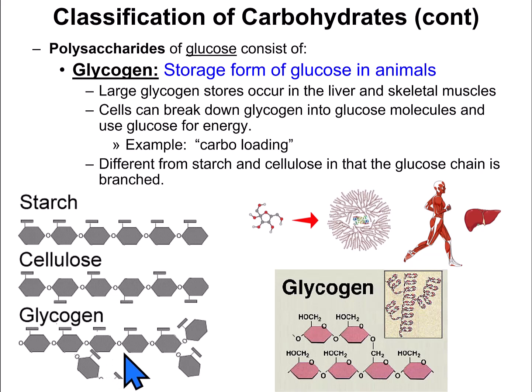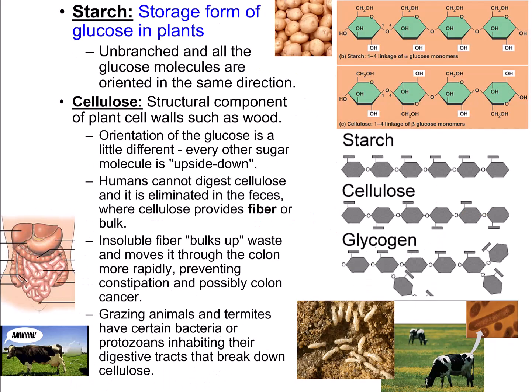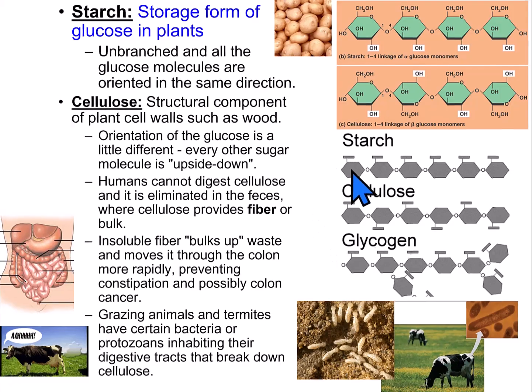Glycogen differs from starch and cellulose in that the chains that you see here in glycogen have branches. So the glucose branches in these various parts of the glycogen molecule. Starch, star this, is a storage form of glucose in plants, usually unbranched, although some forms of starch can contain branches, but for our purposes, starch is unbranched, and all the glucose molecules are oriented in the same direction.